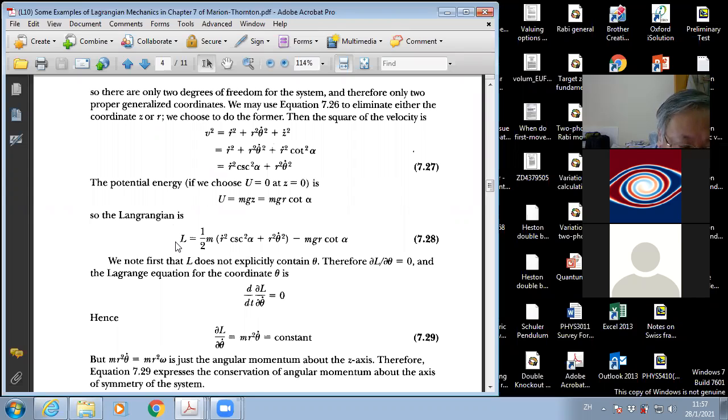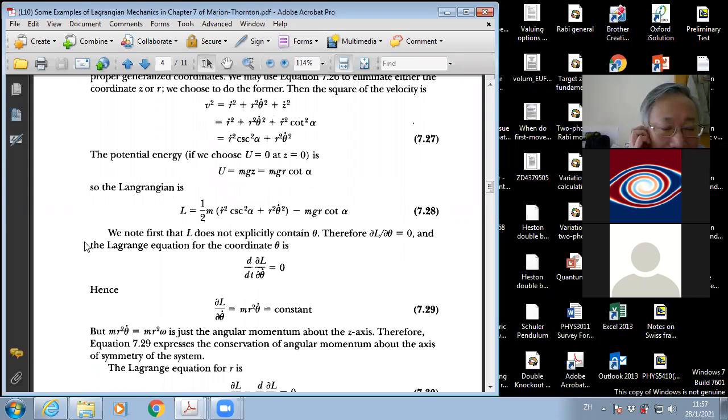Now, by examining this L a little bit more closely, we realize that it does not depend on theta. In other words, theta is a cyclic coordinate. If theta is a cyclic coordinate, then the corresponding momentum, round L round theta dot, must be conserved, all right?